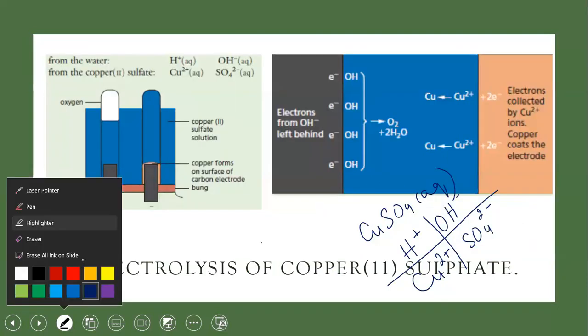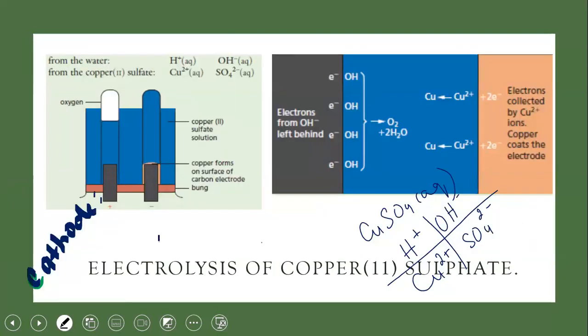Can you make the equation for me? What will the equation be at the cathode? Cu2+, an arrow. Are you sure you want to put an arrow? One second. What happens at the cathode? A reduction, which is gain of electrons.